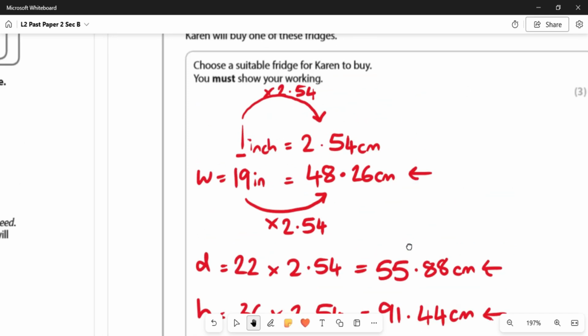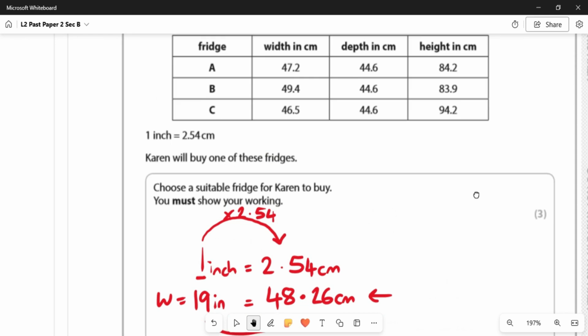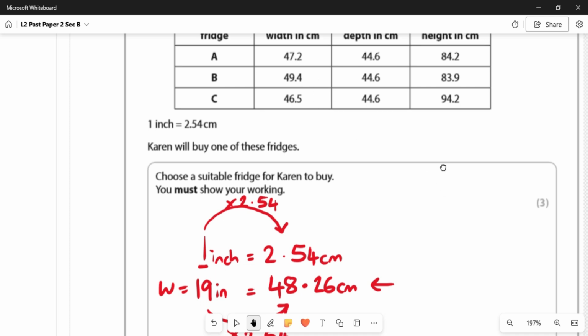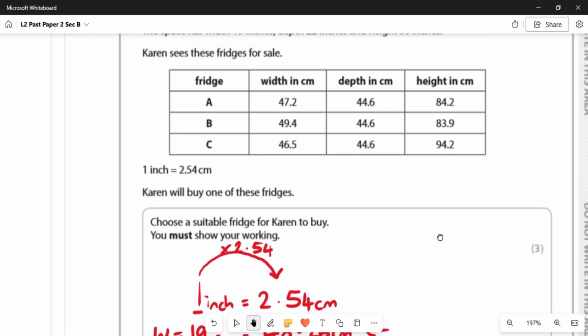Let's have a look which fridge. So let's have a look at 48. It has to be less than 48. Well, the only ones that are less than 48 for the width are these two, A and C. So straight away you can eliminate B. It could be A, could be C. It has to be less than 55 for the depth.